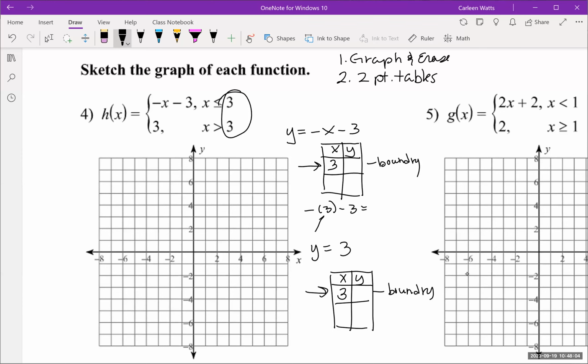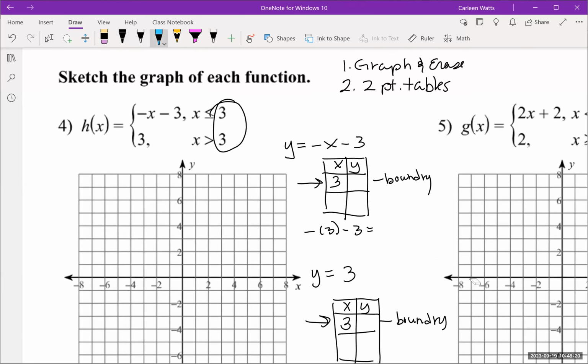Did I gain or lose weight here? And then did I gain or lose weight here? I subtracted 3, right? I have a negative 3. Okay, so we're going to go keep, change, change. So that's negative 6, right?